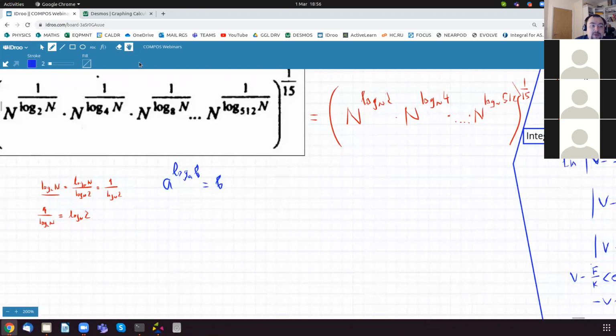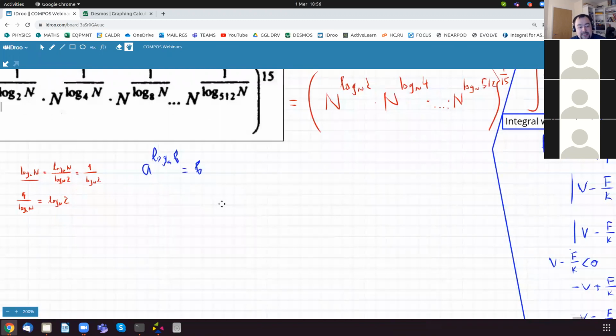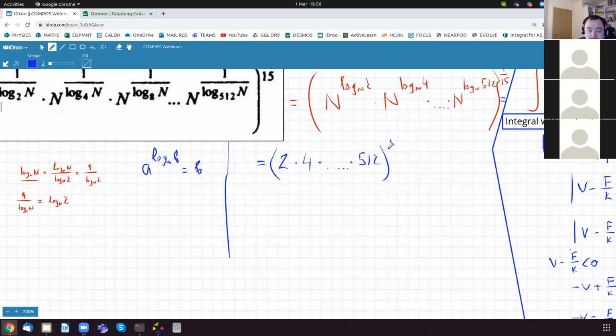This is the main logarithmic identity. So n to the power log 2 base n is going to be 2. So the main expression here is going to be 2 multiplied by 4 multiplied by etc. multiplied by 512, to the power 1/15.